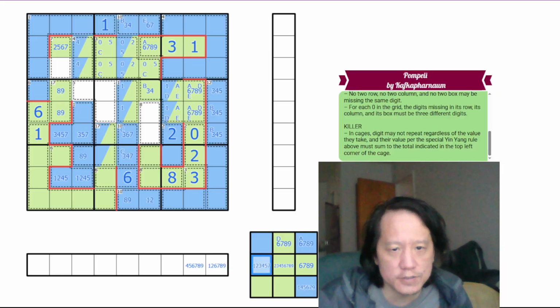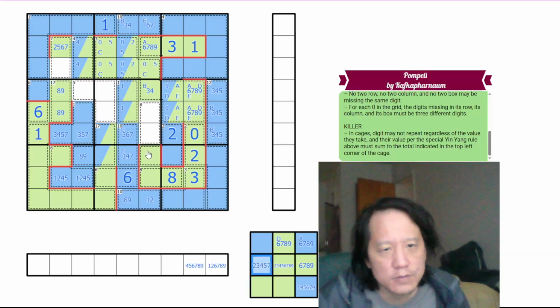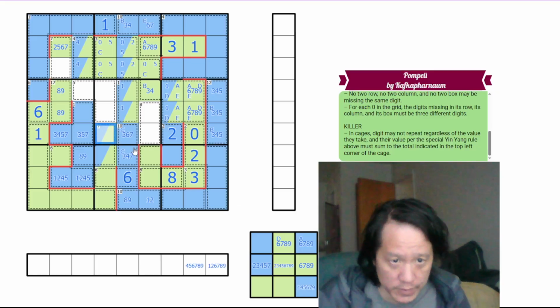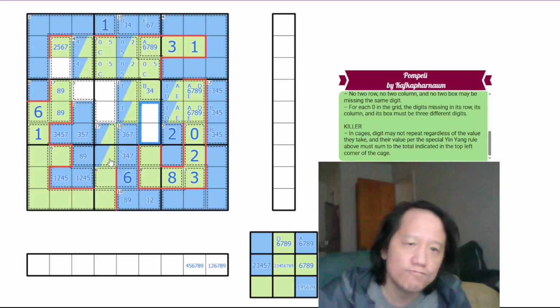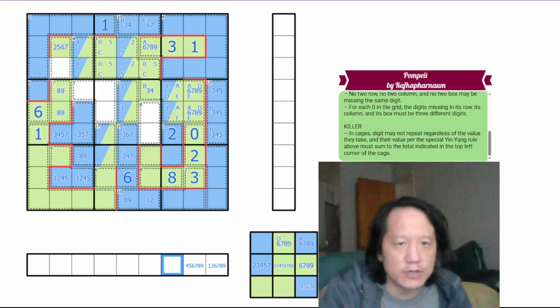Remaining digits, so this cannot be 1. 2, 3, 4, 5, 7. This is boundary here. One is here, one is here. So that means in column 7, we could have 4, 5, 7, 8, 9.